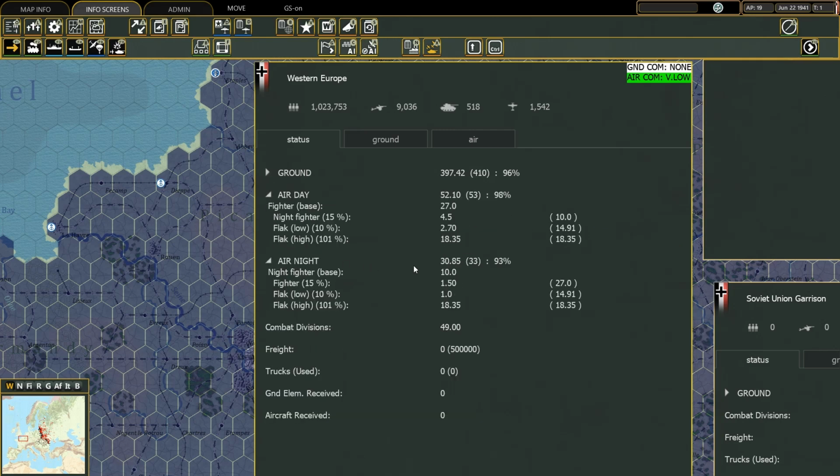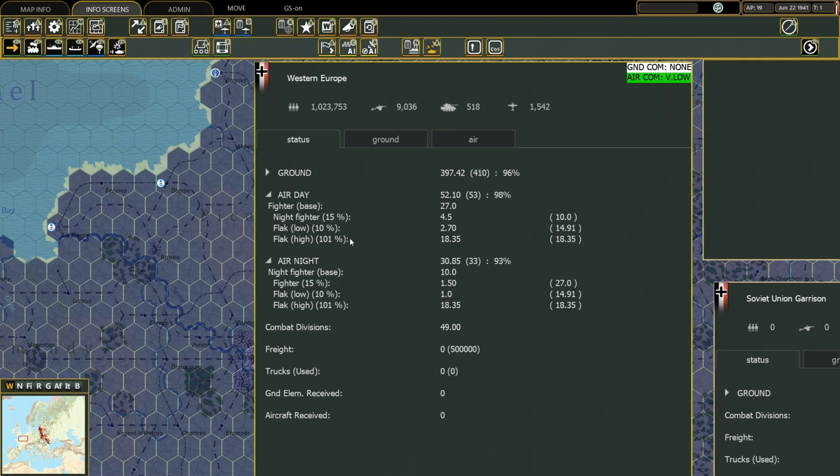For air day and air night, nobody understands what the base requirement is for this one. I know that if you assign new fighter units, it will drastically increase the base number here. If you assign night fighters, in this case for air day, you will contribute just 15% of the total fighter base value, and so on and so forth.